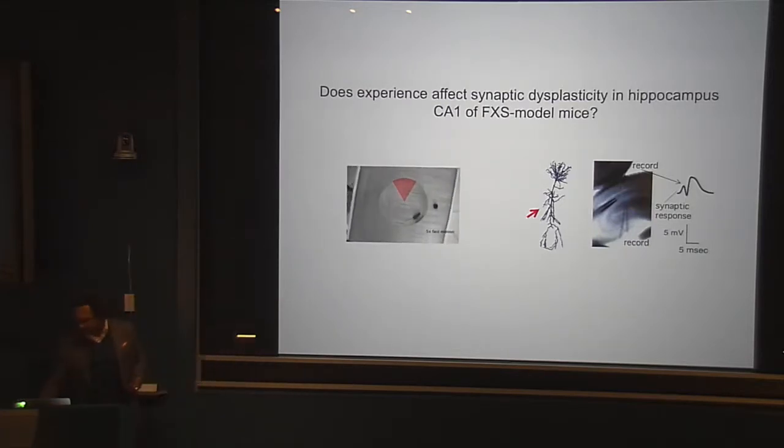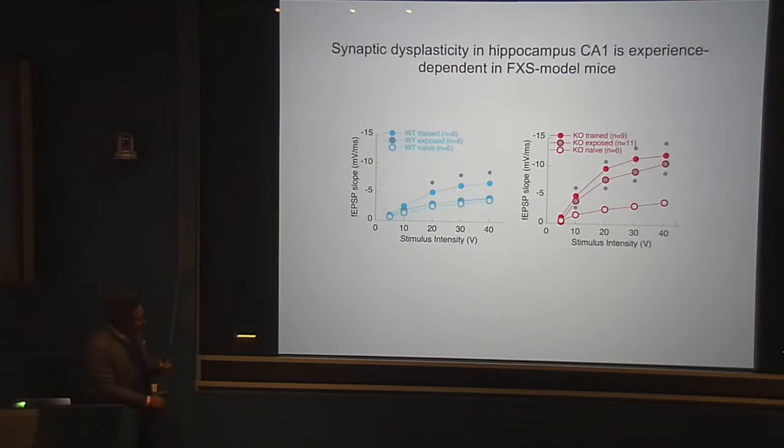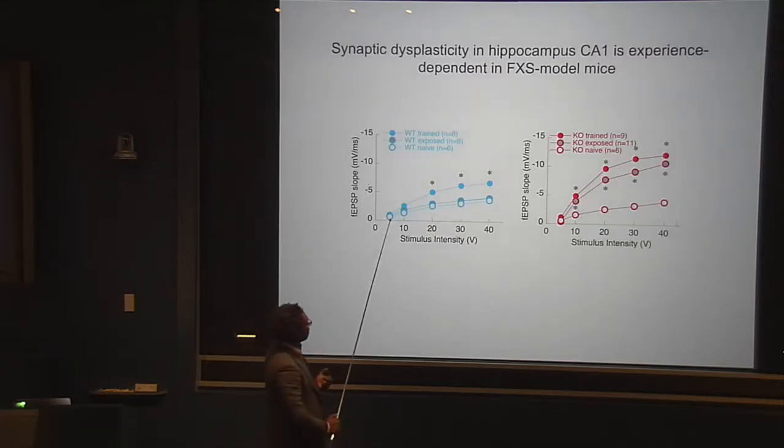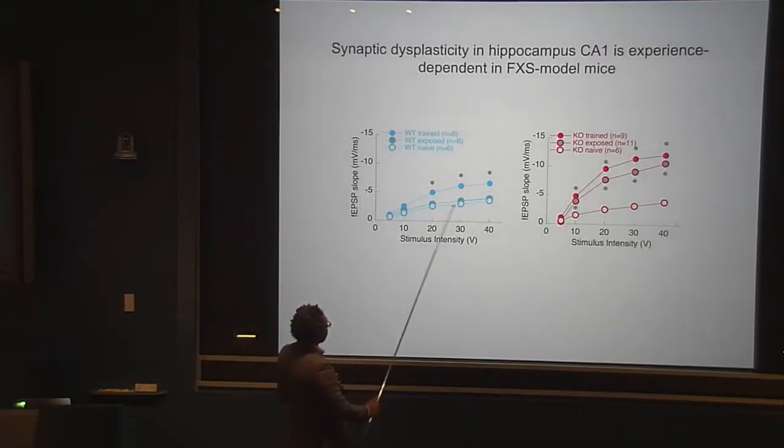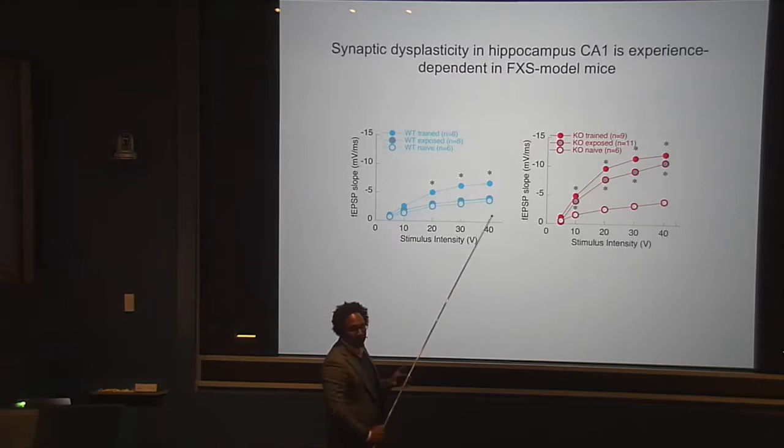They don't have to care about where they are. And when we look there, let's look here at the wild-type animals. So the animals that have been just walking around here in gray or naive, they have an input-output curve which measures the strength of their synapse that is quite unchanged by just walking around. However, if they get this training, that synapse strengthens.